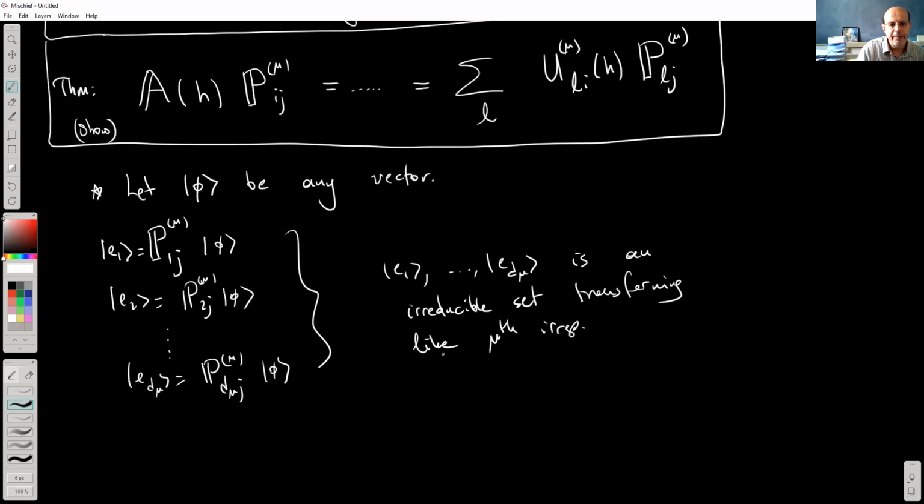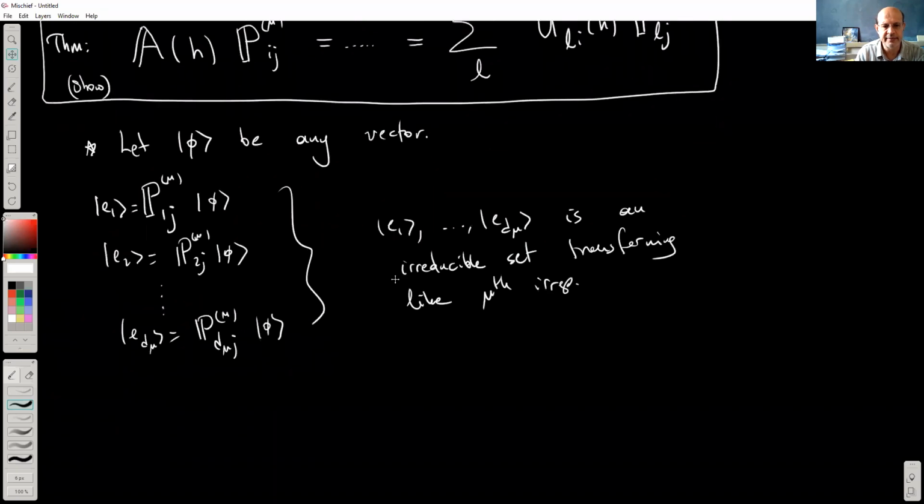So, this P mu has 2 sub-indices here. I'm not changing the J value here, right? So the J value is the same in all of these cases. I'm just looking at vectors for different I values, if you want, right? So, but what's the use of J in there? I'm just going to show it like that.